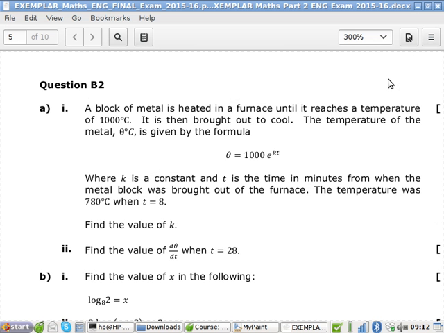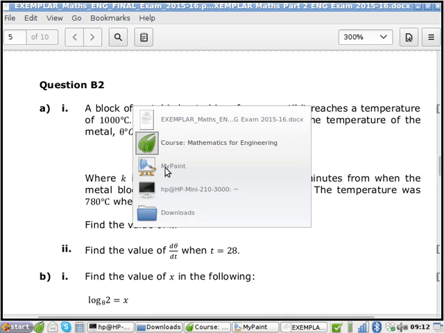Okay, so a block of metal is heated in a furnace until it reaches 1000 Celsius, and it's then brought out to cool. The temperature of the metal is given by this formula. So we have theta, temperature, equals 1000 e^(-kt).